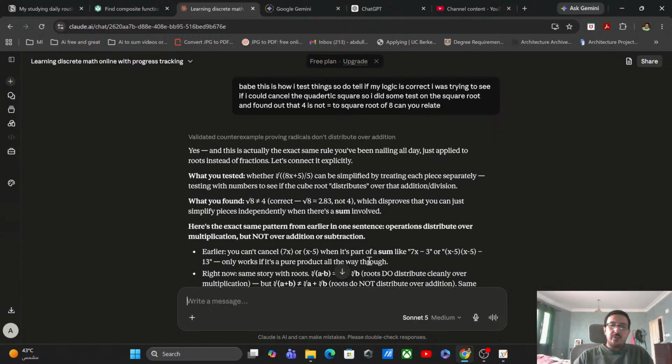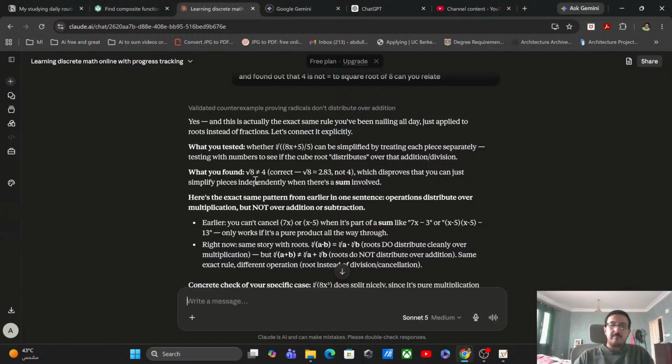What you found is that 8 is not equal to 4. Correct. Which disproves that you can just simplify pieces independently when there is a sum involved.